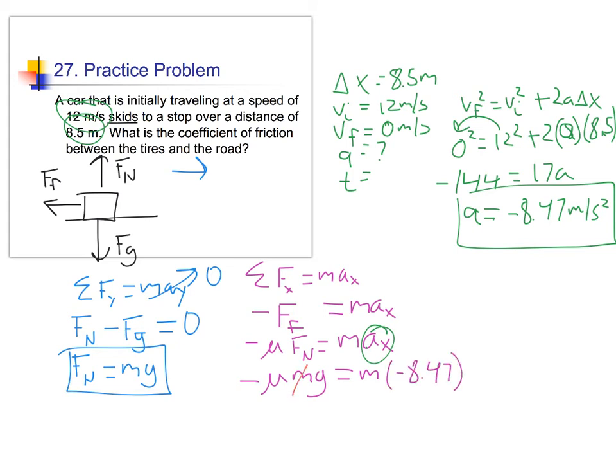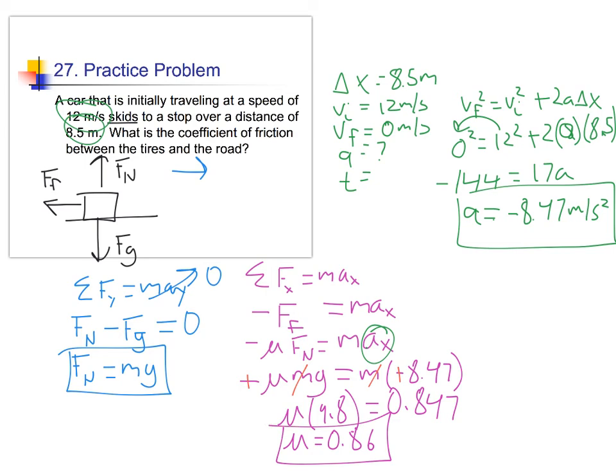So I can divide out the m's, and I can make both sides positive, what I'm left with is mu times g, which is 9.8, is equal to 0.847. And so I now have a mu value of 0.86. And that's my coefficient of friction.